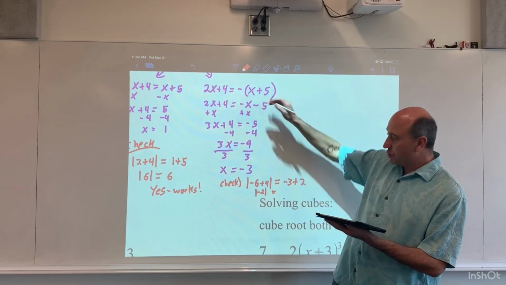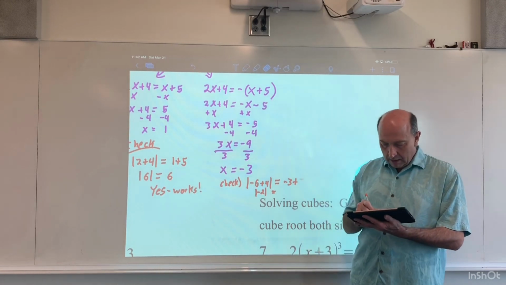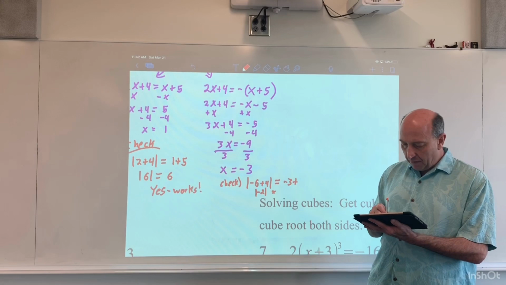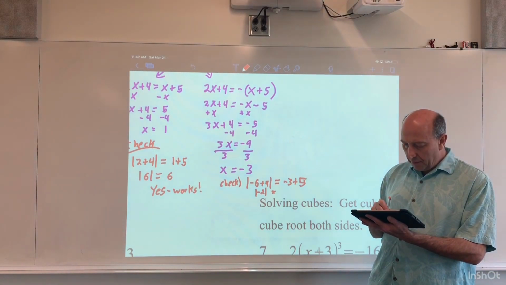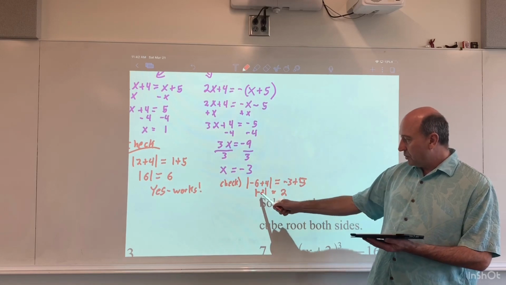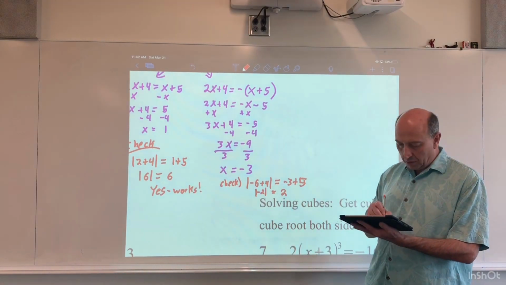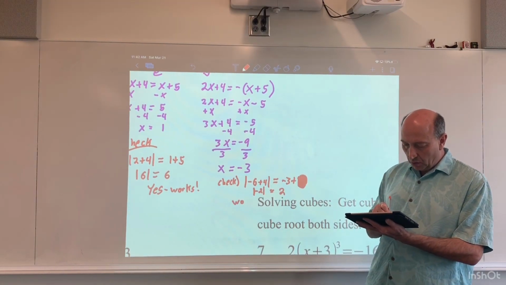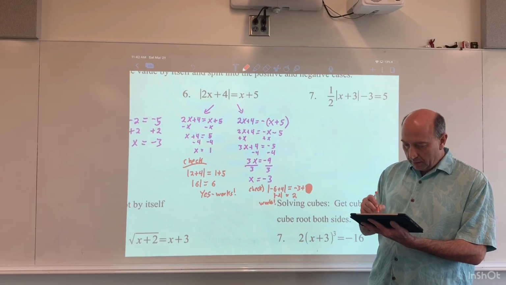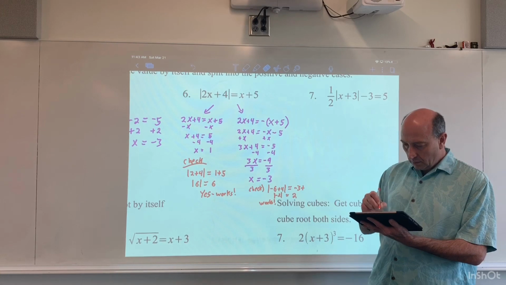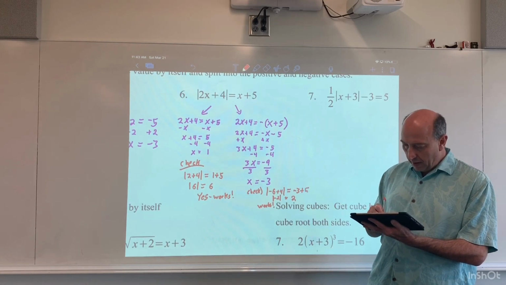Oh, I'm sorry, that should have been plus 5. Negative 3 plus 5 is 2. The absolute value of negative 2 does equal 2. Yes, this one also works. So that was a 5 there.